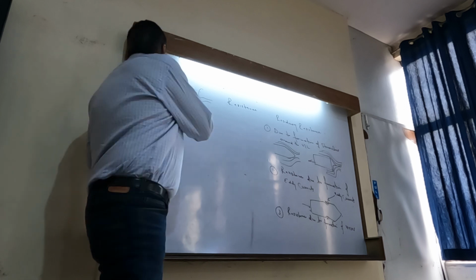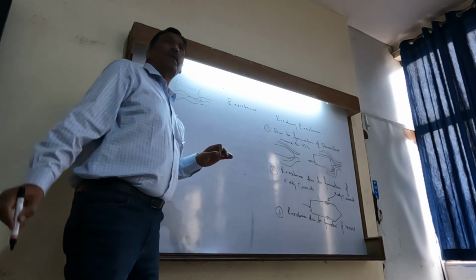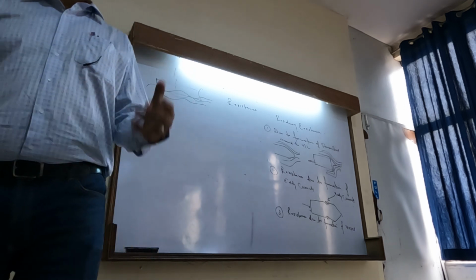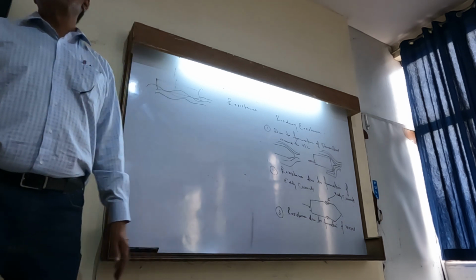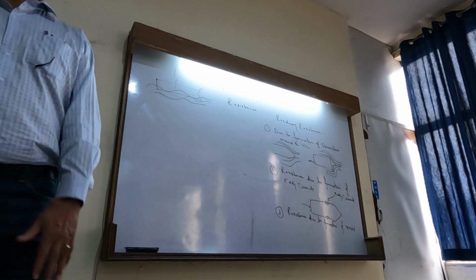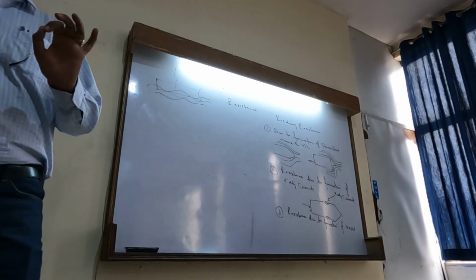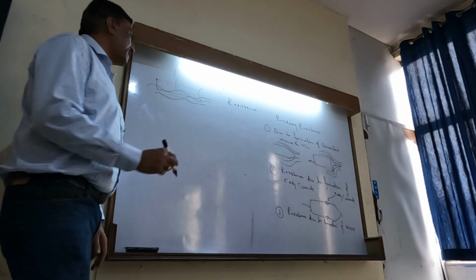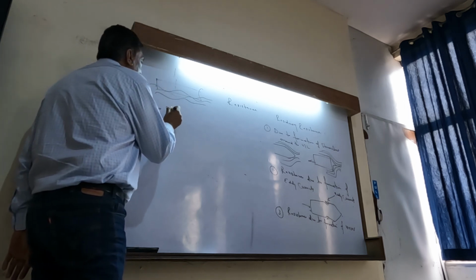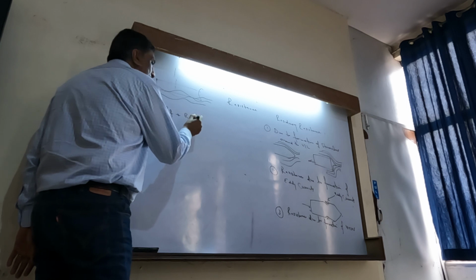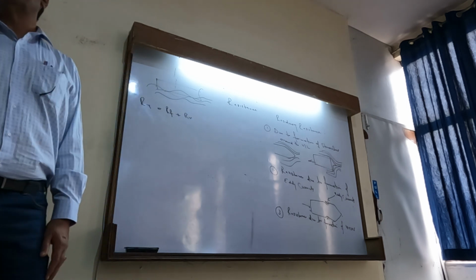Therefore, these waves are generated, and the energy required is also from the ship. So these are the three types of residuary resistance. The sum of these is called residuary resistance, and that is why the total resistance of a vessel is the sum of frictional resistance plus residuary resistance.